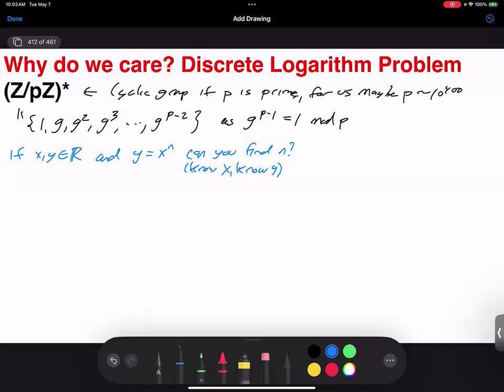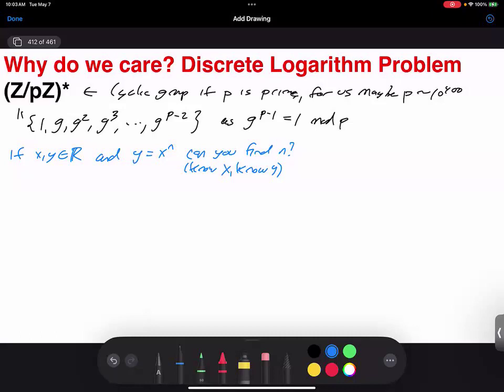And again, these are real numbers. So it could be a while before you find exactly. These could overflow your calculator. What could you do? Look at x. Why is it x to the n?